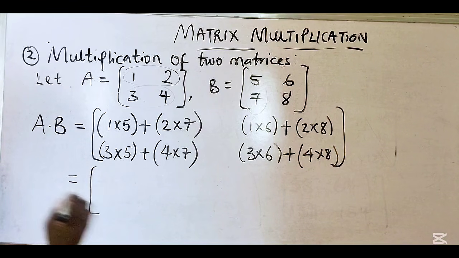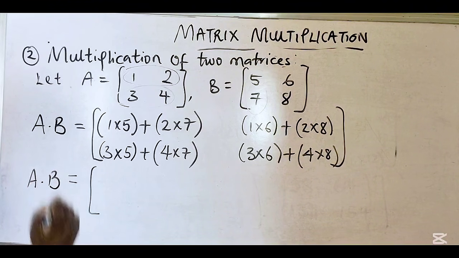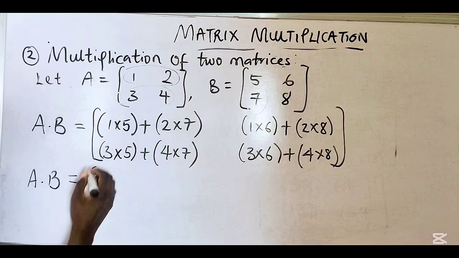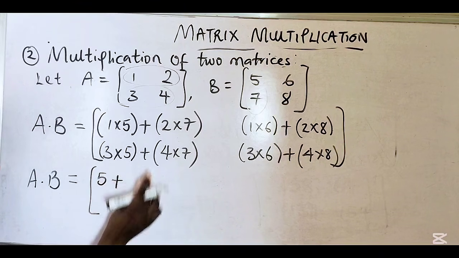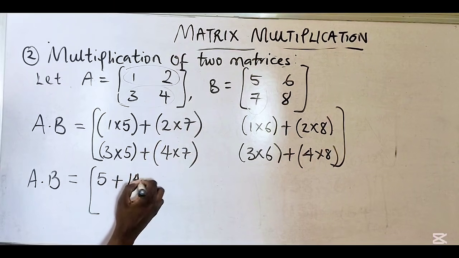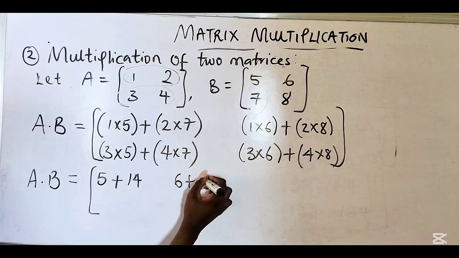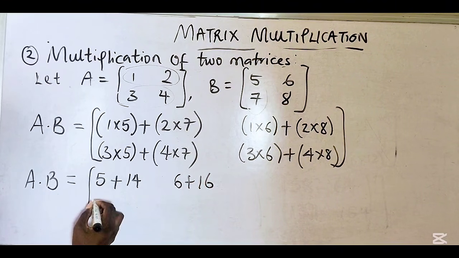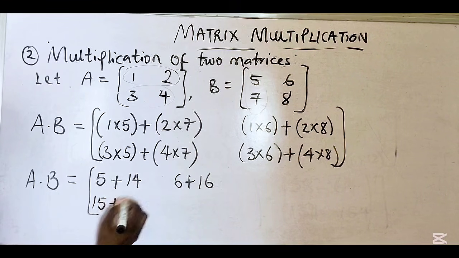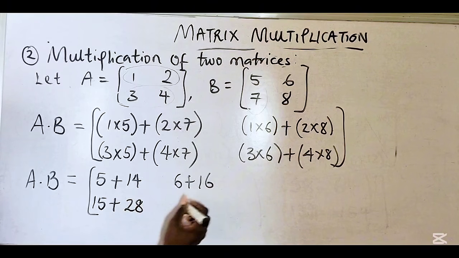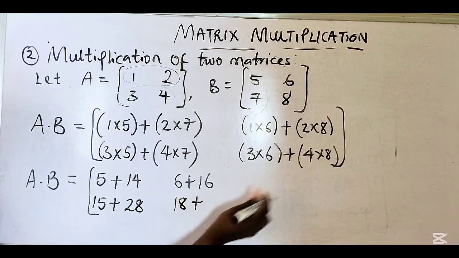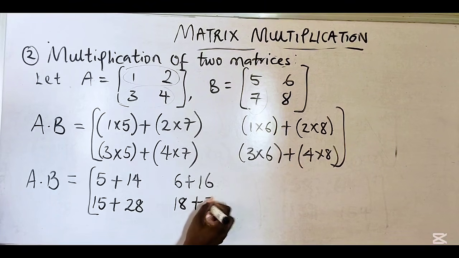So here, A times B becomes 1 times 5 is 5 plus 2 times 7 is 14. 1 times 6 is 6 plus 2 times 8 is 16. 3 times 5 is 15 plus 4 times 7 is 28. 3 times 6 is 18 plus 4 times 8 is 32.